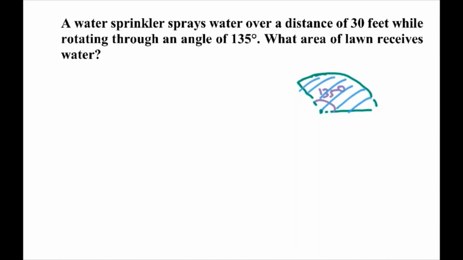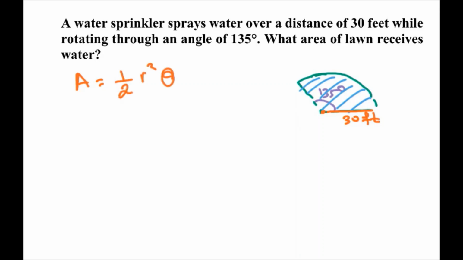He wants me to find this area, in which the distance goes all the way to 30 feet. That's my r. I need to find the area. A equals 1/2 r squared theta.